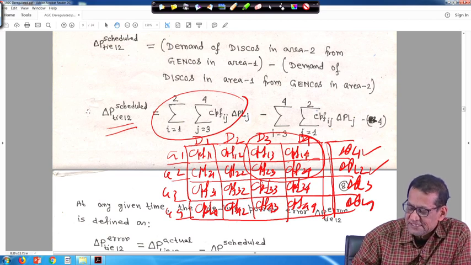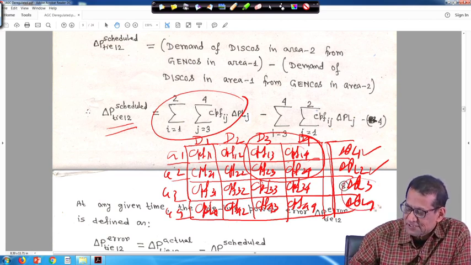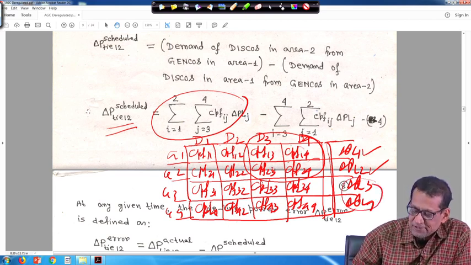These two terms are attached to this block. Similarly, the contacts of distribution companies 1 and 2 with genco 3 and genco 4 give this part.